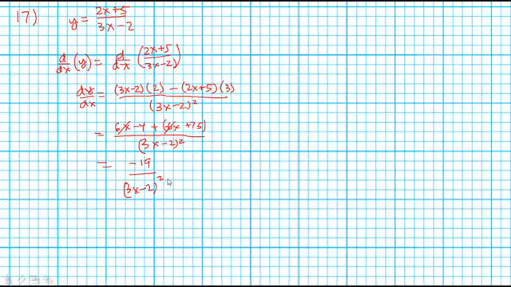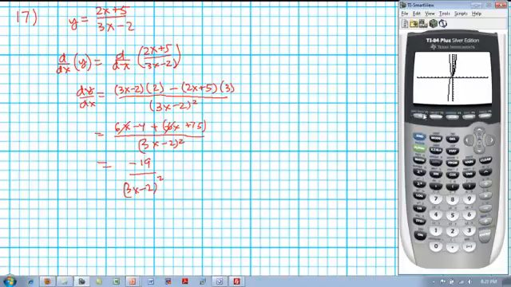Let's confirm this graphically. Again, we'll start by putting in the original function, which is 2x plus 5 quantity divided by 3x minus 2 quantity.